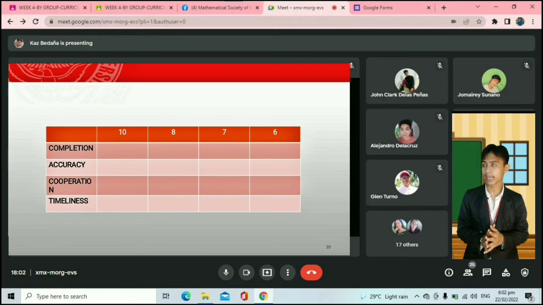For accuracy, 10 if all your answers are correct, 8 if 2 of your answers are incorrect, 7 if 3 are incorrect, and 6 if 6 or below are correct. For cooperation, if all the members cooperate in answering the activity, you will get 10, then 8, 7, 6. For timeliness, you will get 10, 8, 7, and 6.